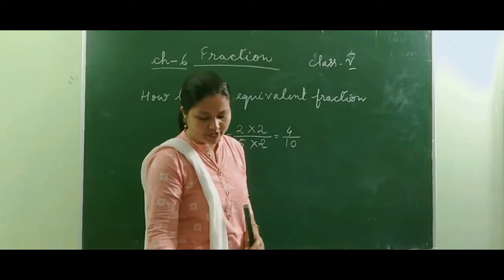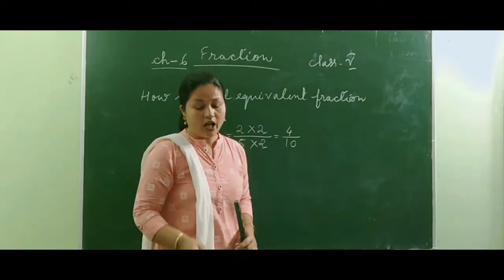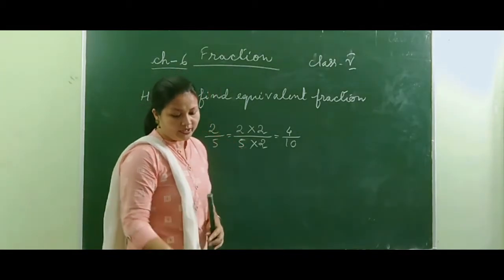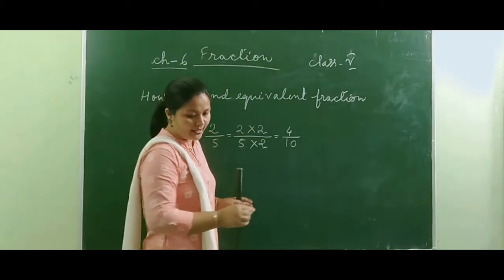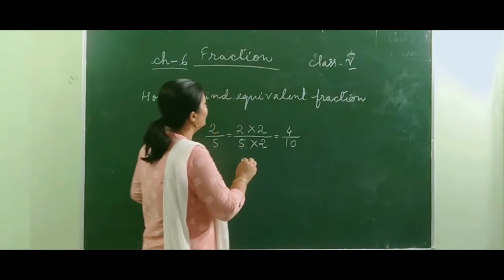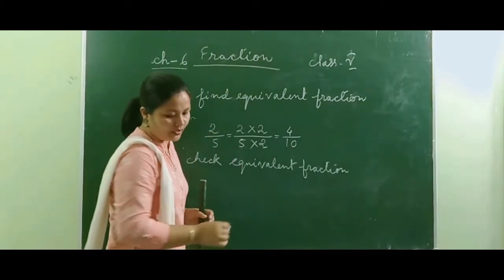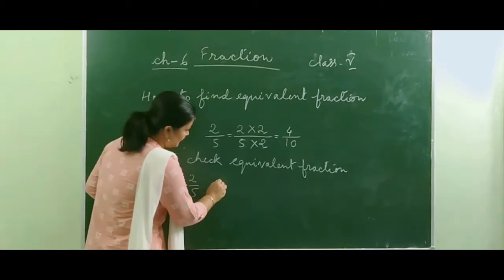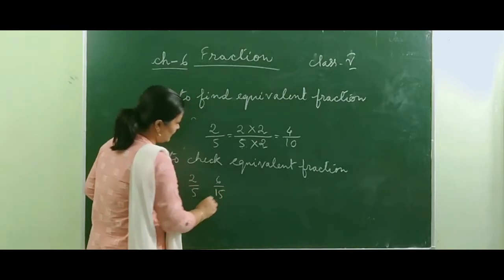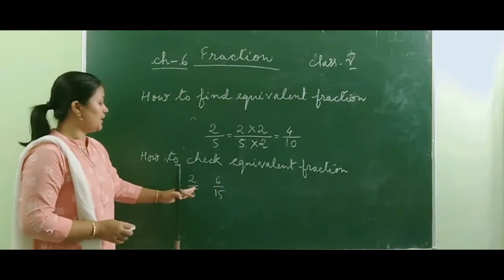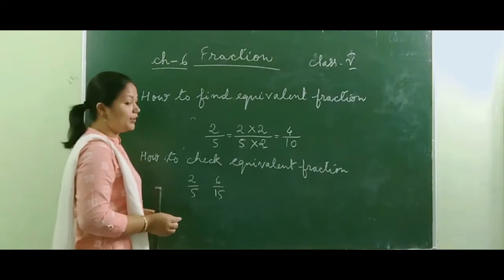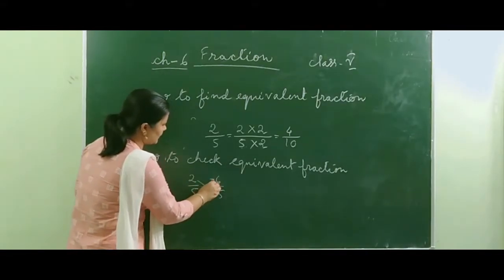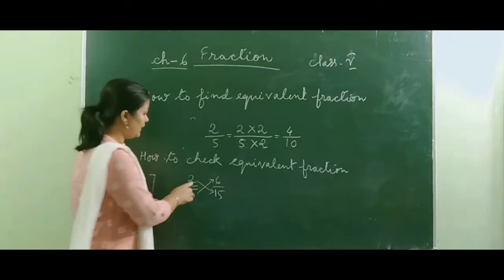Then you can see on page number 81 how to check the equivalent fraction, whether these are equivalent or not. Example, see here. Suppose it is 2 by 5 and 6 by 15. If we have to find whether these two fractions are equivalent or not, then we have to do cross multiplication. How do we find out?